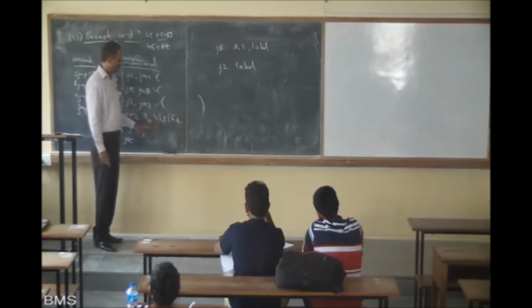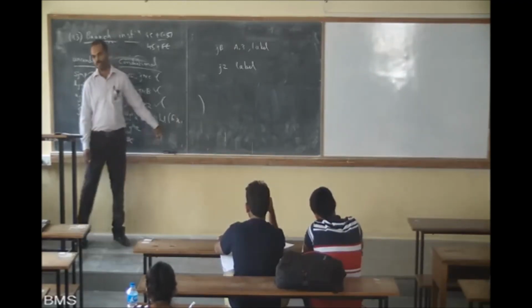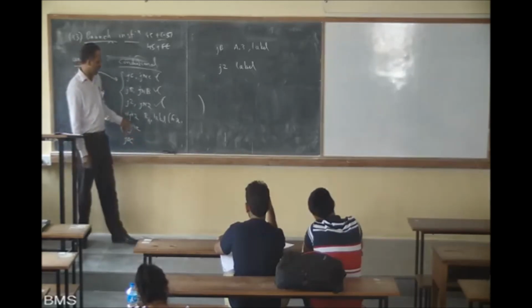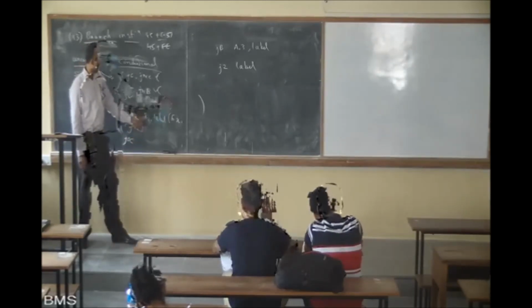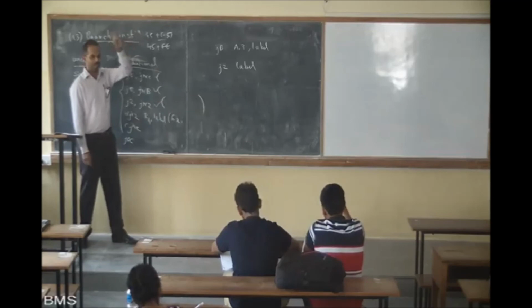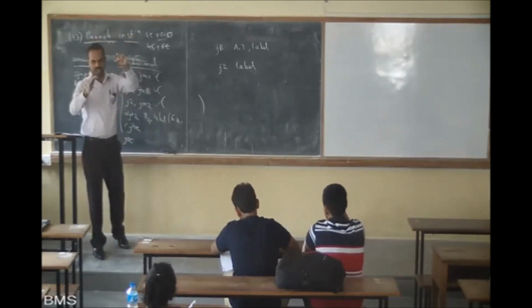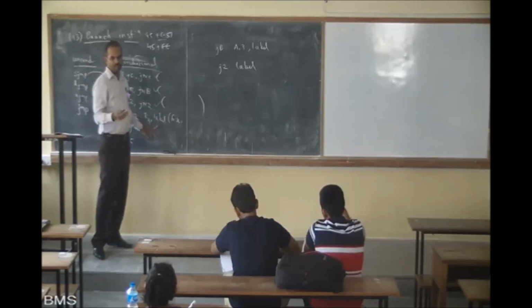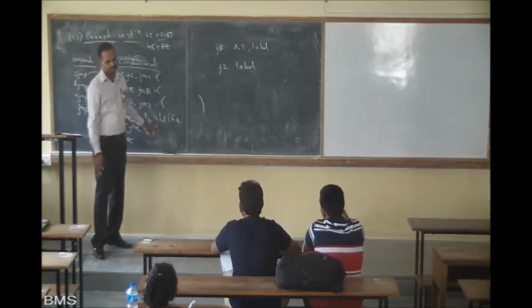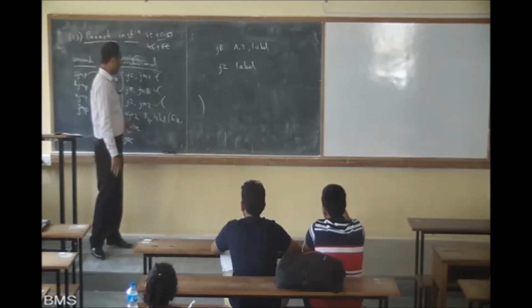The other is DJNZ 40H, label. 40H refers to the general memory location 40. Whatever number is there, decrement it. If it becomes 0, then jump to the label if non-zero.